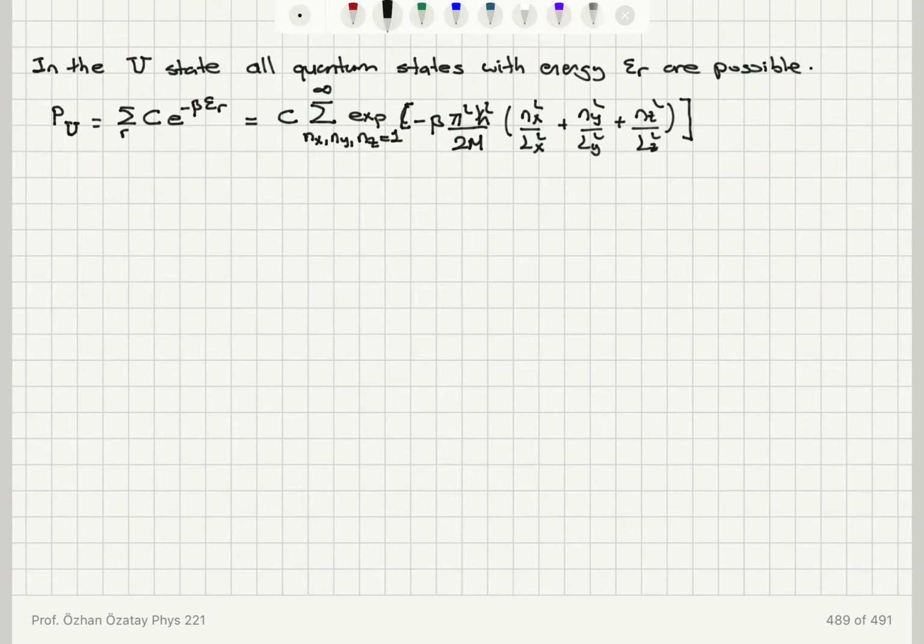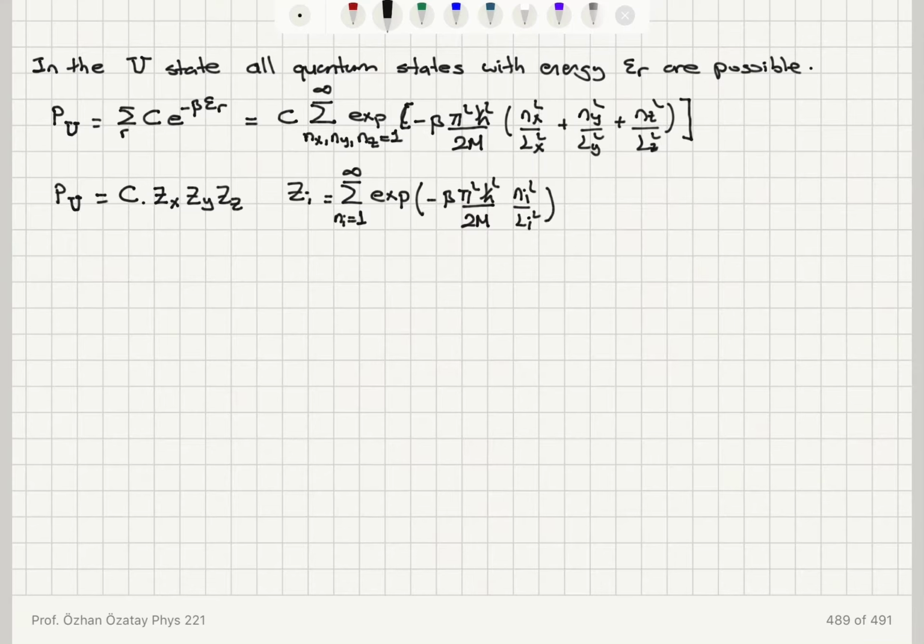Now you can see that I have three terms being added in the exponential, which allows me to write the probability of being in the undissociated state as a constant C times three partition functions Zx, Zy, and Zz, where the ith partition function is given by a summation over the ni quantum number from 1 to infinity of exponential minus beta pi squared h bar squared divided by 2m, ni squared over li squared, and i can be x or y or z.